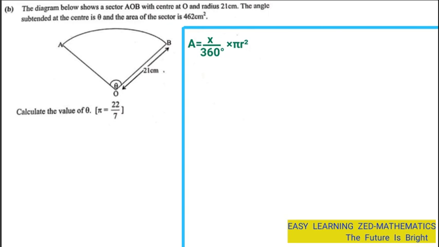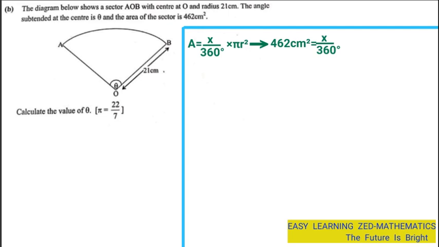So we're going to replace these letters and symbols by their values, looking at the question as well as the symbols given. In the statement, we are given the area, which is 462 centimeter squared, which is equal to, since we haven't been given the angle of the sector, x over 360 degrees, which will be multiplied by the radius.